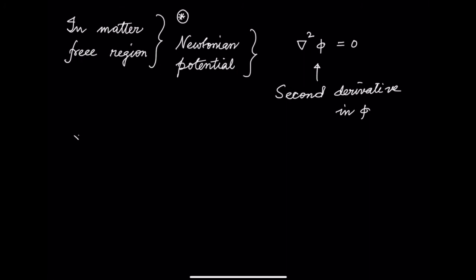Clue number 2 is that we have already seen that phi comes in the metric. So we saw that the G00 component, at least that component, has phi. So phi comes in the metric.